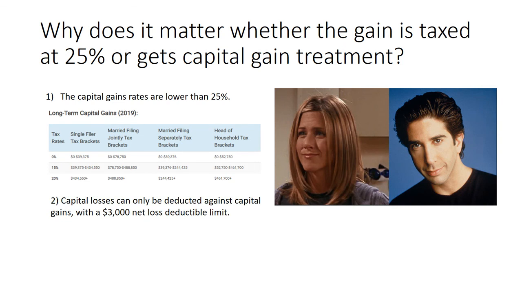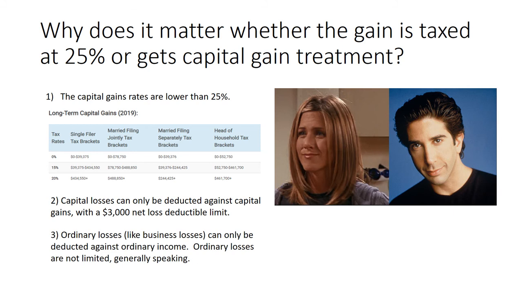Also, recall when we discussed the taxation of capital assets, that capital losses can only be deducted against capital gains, and there's a limit of $3,000 net loss, capital gain loss that can be deducted in any one year. And ordinary losses, like business losses, can only be deducted against ordinary income.